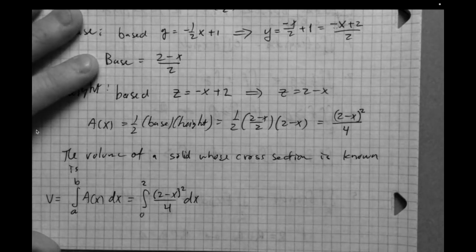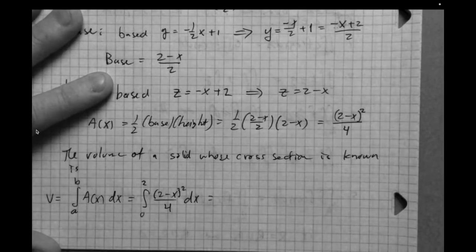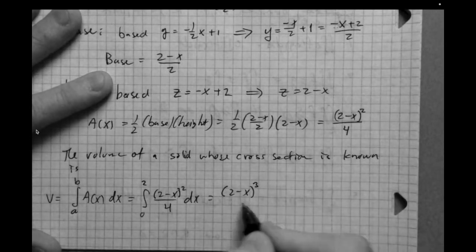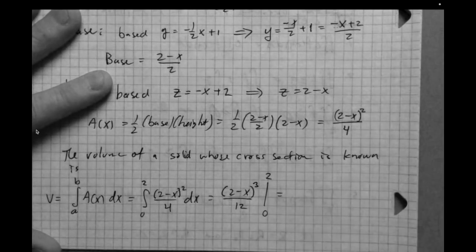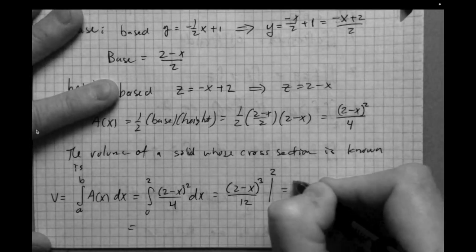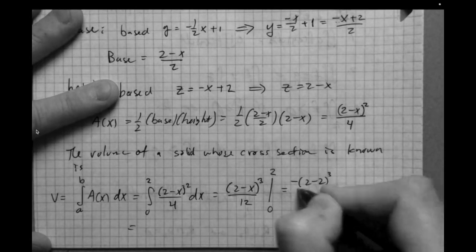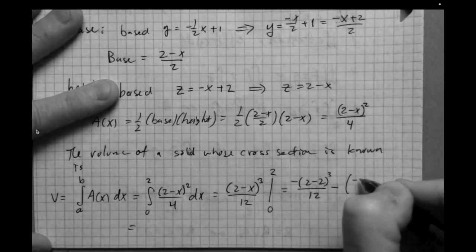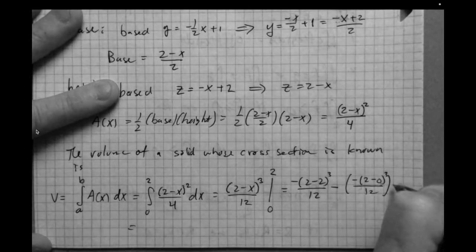And so can we calculate this? Yes, we can. This is a simple integral, and if you do that, you'll get negative (2 minus x) to the third power over 12, going from 0 up to 2. So you plug in a 2 first, so it'd be negative (2 minus 2) cubed over 12, minus negative (2 minus 0) cubed over 12.